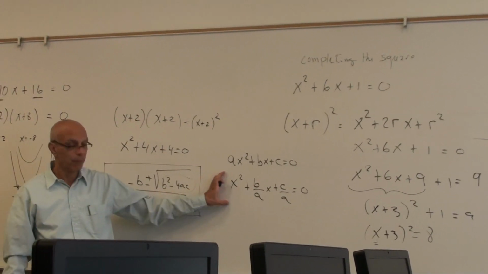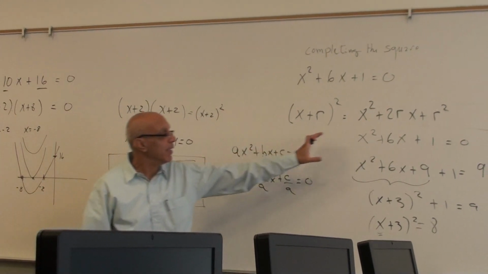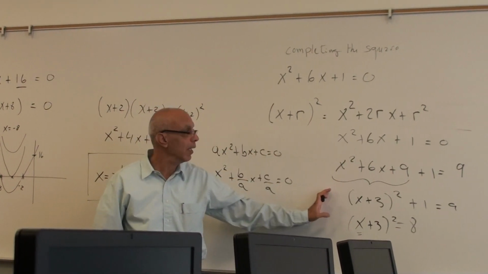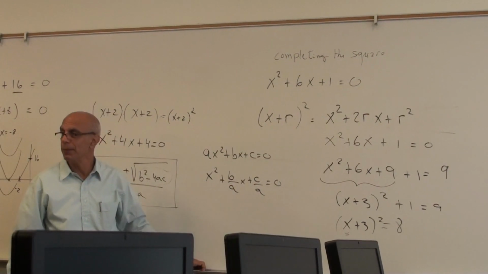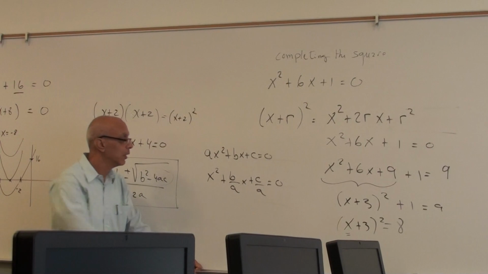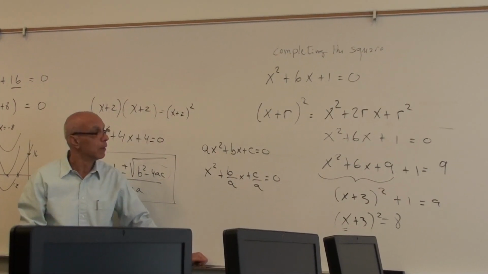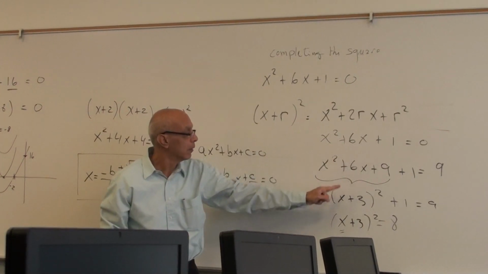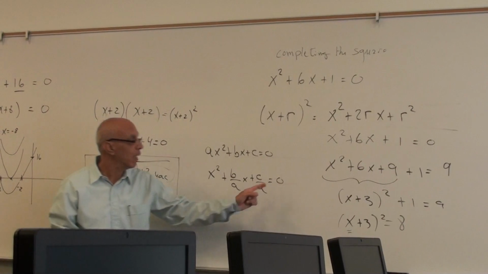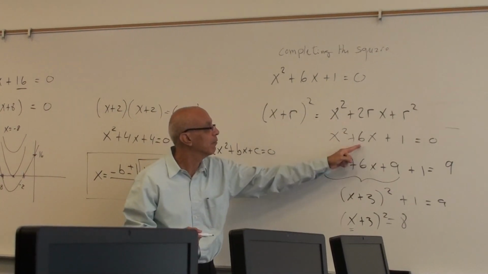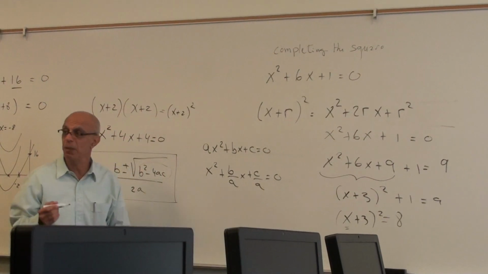So now, from this point, you need to do the same thing that I did here, okay? Find the value of r. What is the value of r? How did I find the value of r here? What have I done to 6? Divide by 2.